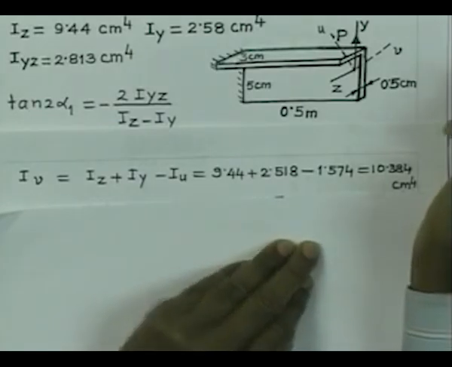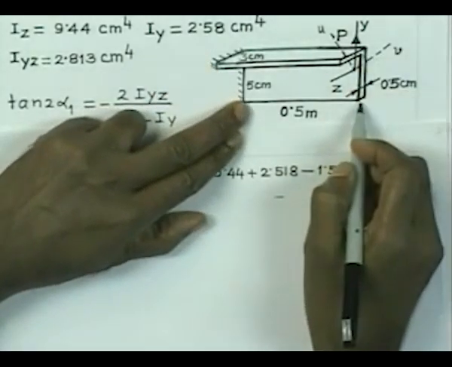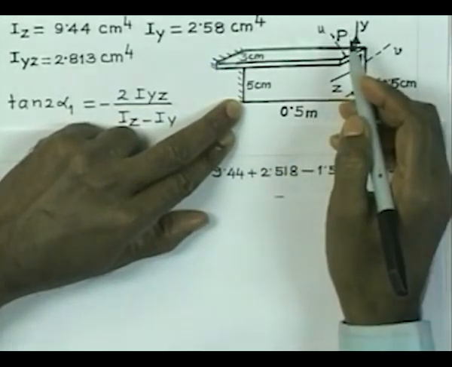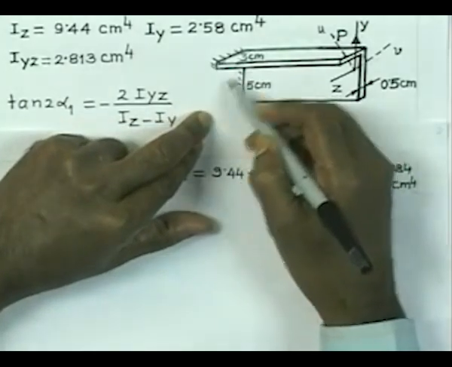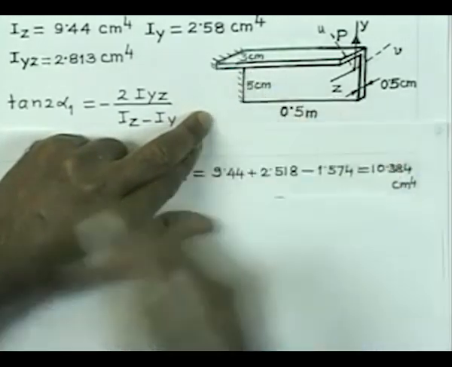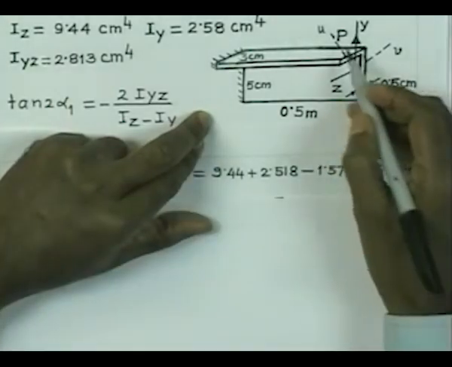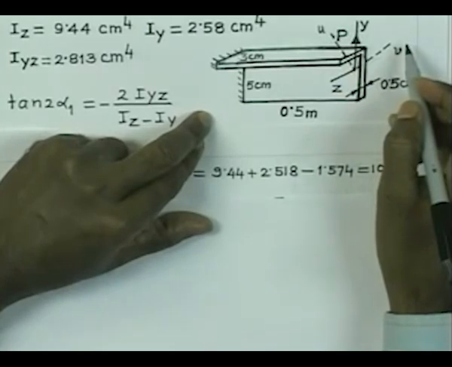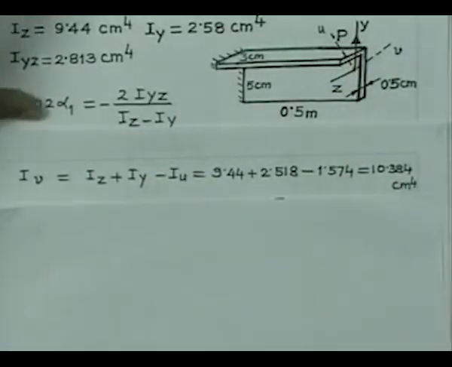Now, what we need to do is that this force P is going to give a moment of magnitude 0.5 into P, say kilonewton meter, about a z axis located somewhere here, and that moment must be resolved in the two directions u and v as Mu and Mv. Then we can apply the flexure formula to calculate the stresses, and that is what we are going to do.